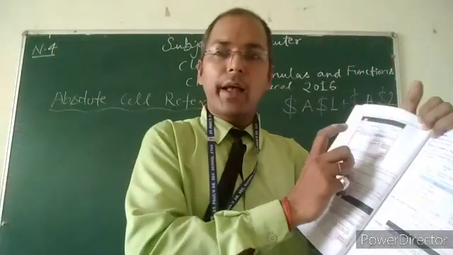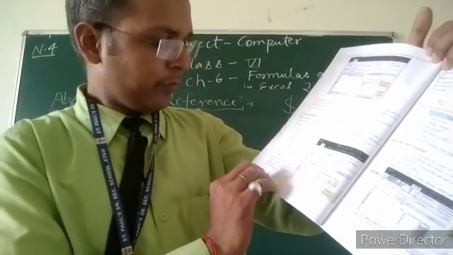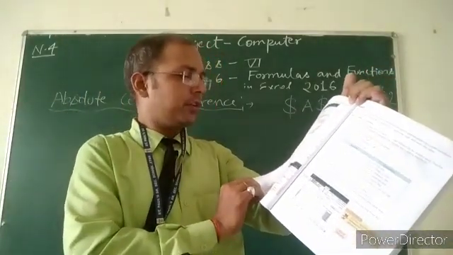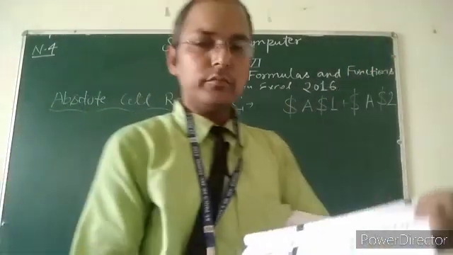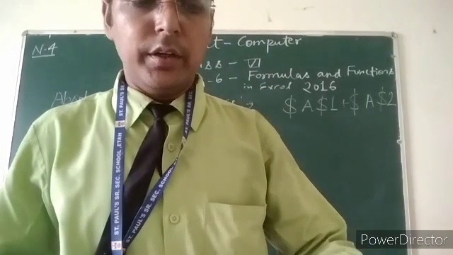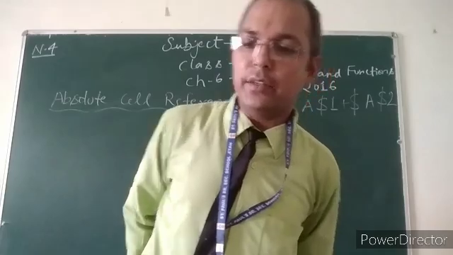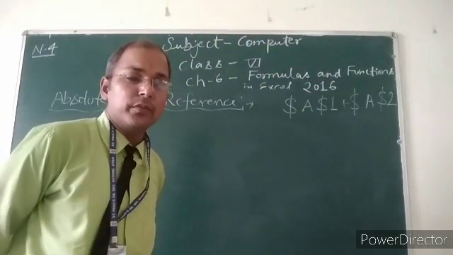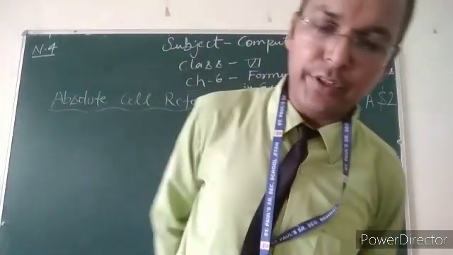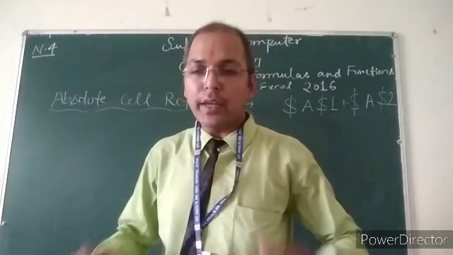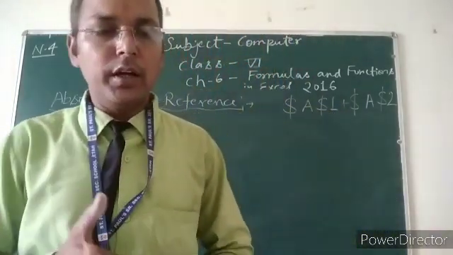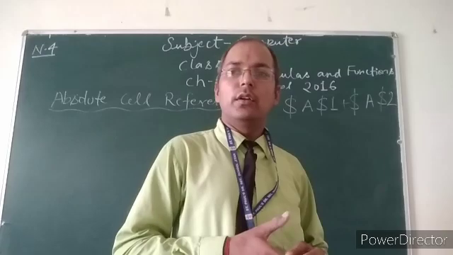The example of absolute cell reference is on page number 62, Figure 6.7. So my dear students, here you are using the absolute cell reference of cell C1. Therefore, when the formula is copied, the first cell reference of each cell will change, but the second cell reference remains constant.